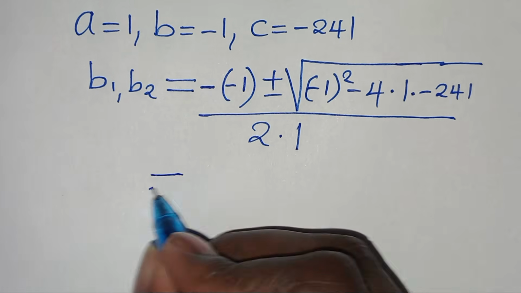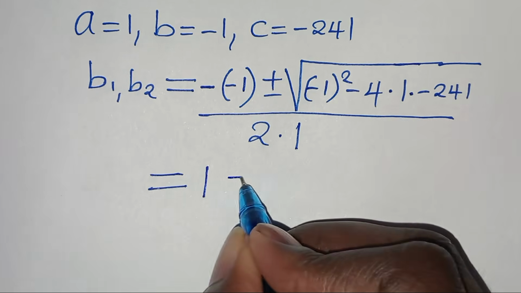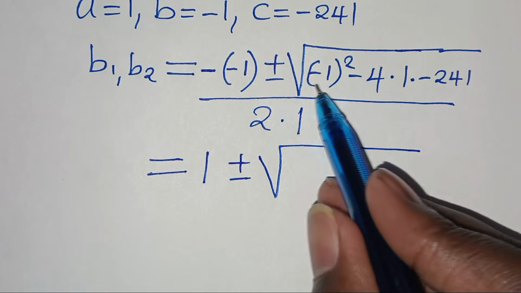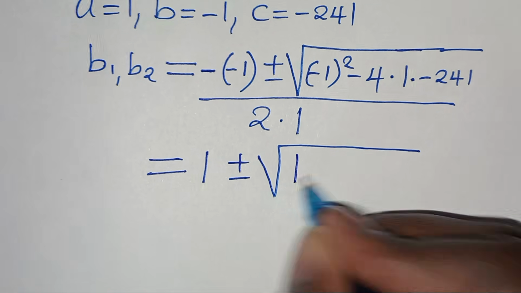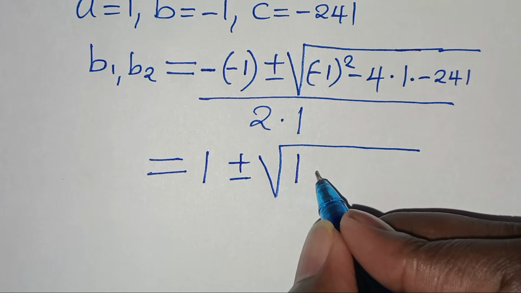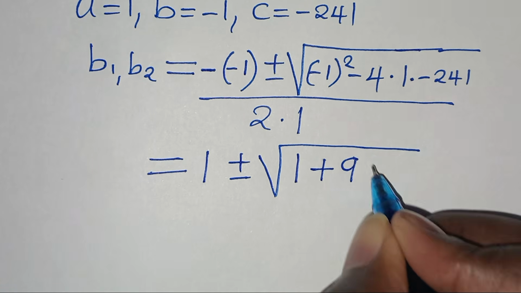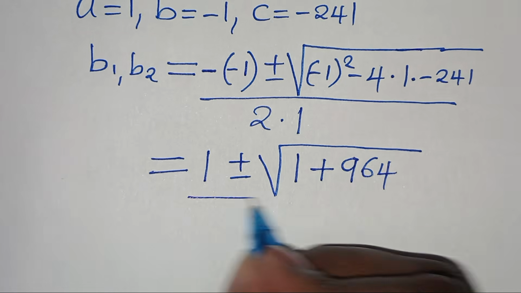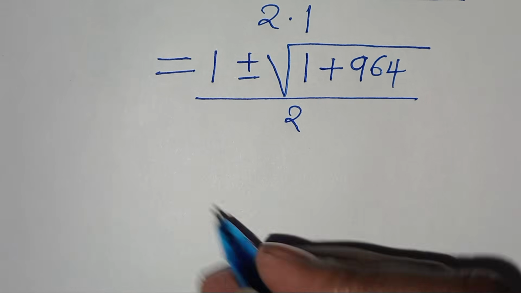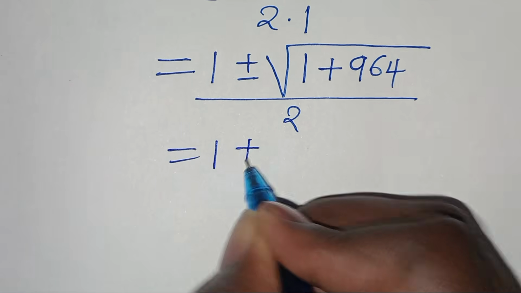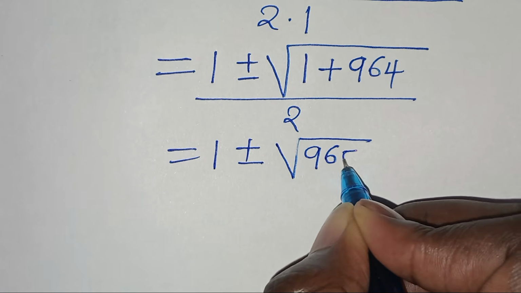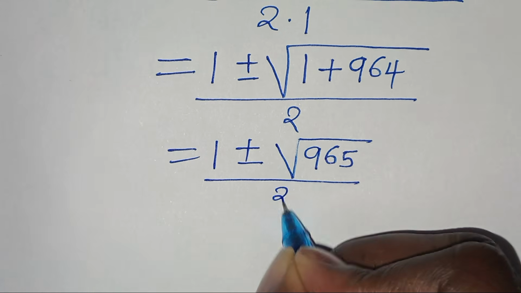This means that this is minus times minus 1, this is 1 plus or minus the square root of minus 1 squared, this is 1, minus 4 times minus 241, this is equal to plus 964. Everything here divided by 2. And this implies that we have 1 plus or minus the square root of 965, everything here divided by 2.